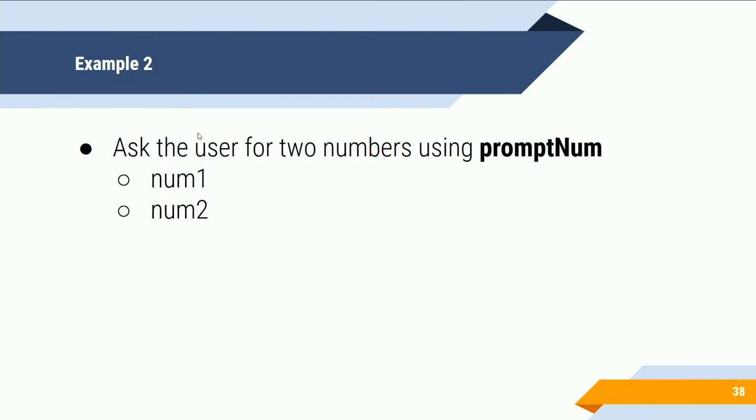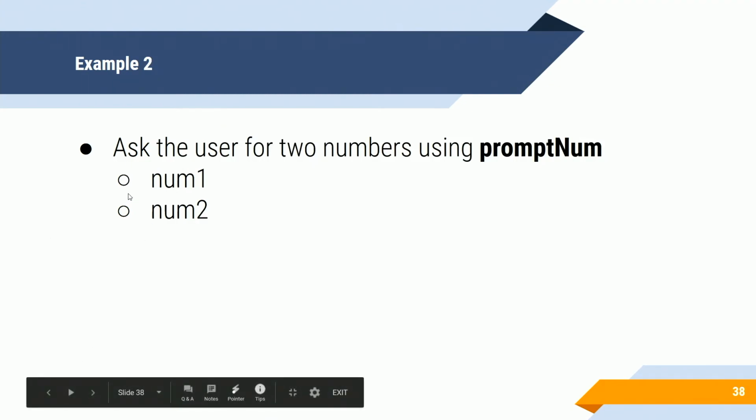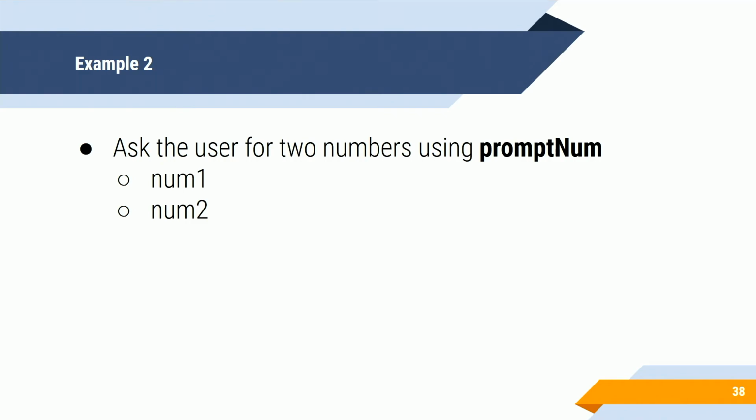All right, so we're going to ask the user for two numbers using prompt num, and we'll use the variables num1 and num2. So over here, let's go ahead and create those variables.